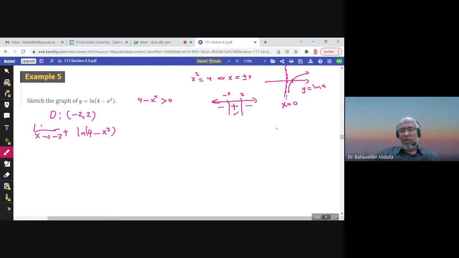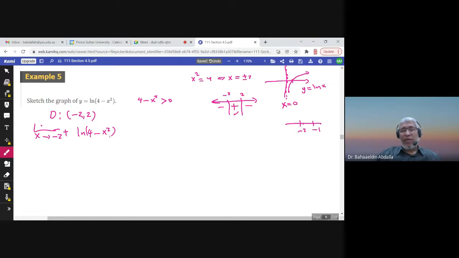Well, when I approach negative 2 from the right, this means that I replace x by negative 1.9. When x approaches negative 2 from the right, 4 minus x squared will approach 0 from the right.